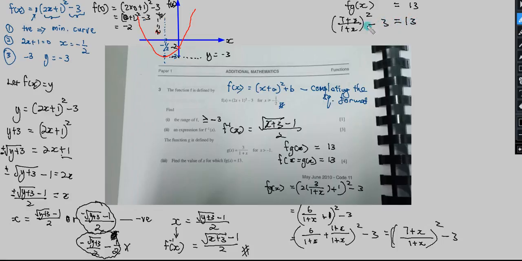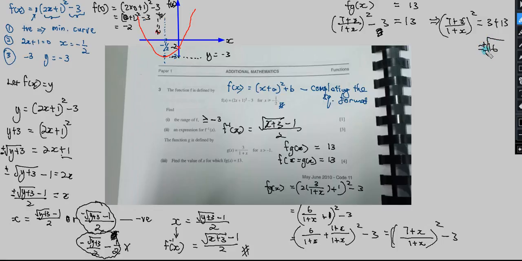Bring this over here, becomes 7 plus x over 1 plus x, all squared, equal to 3 plus 13, which gives you 16.